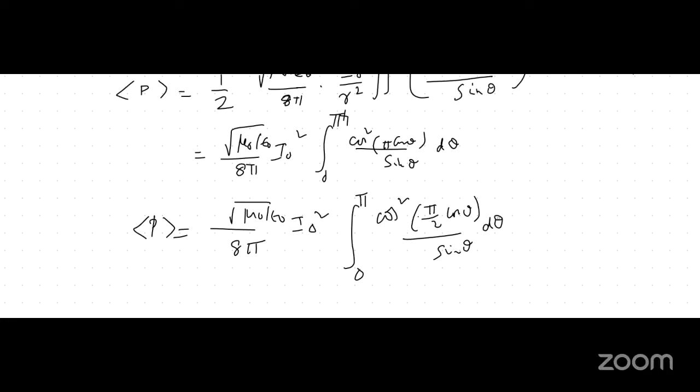So this is the total power radiated for the half wave antenna. So we have the power radiated for both the full wave antenna and the half wave antenna.